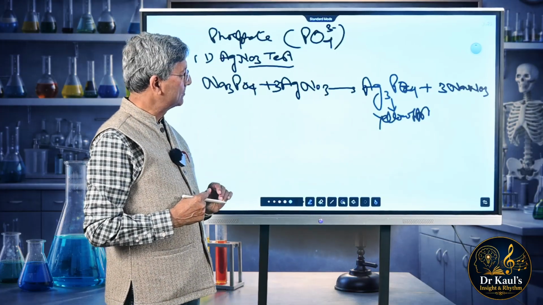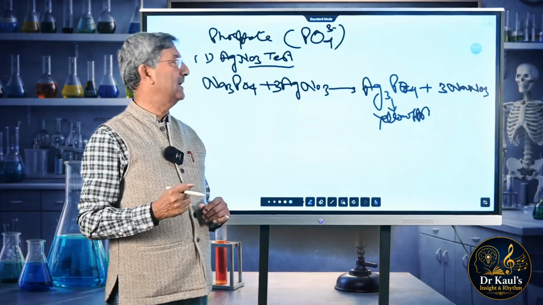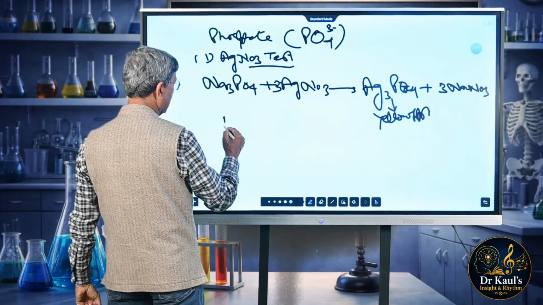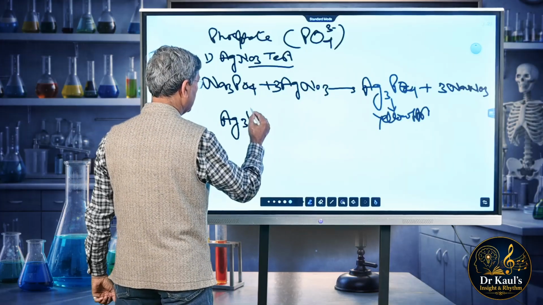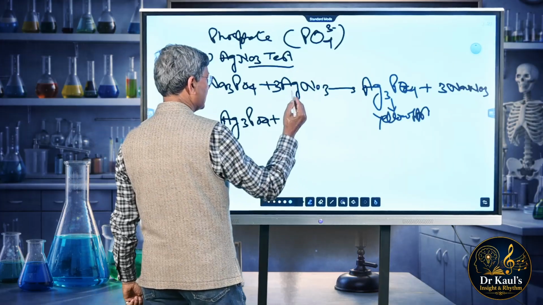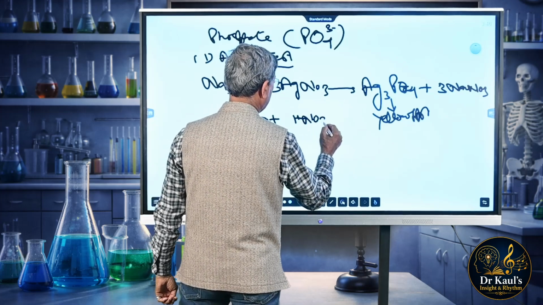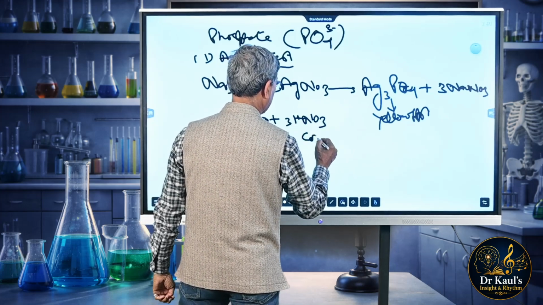This yellow precipitate is soluble in ammonium hydroxide as well as in HNO3. If we want to dissolve it in HNO3, then it will be Ag3PO4 plus concentrated HNO3.